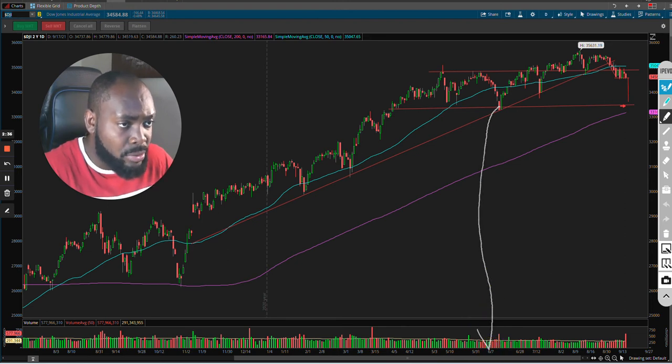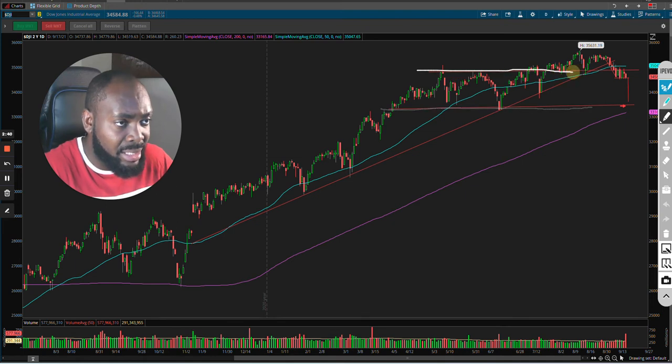So right before the market broke out of this horizontal channel right here, boom boom, break out, pull back, and then we break out, made a new high. Right before it did that, we had a short-term horizontal support level right inside this level right here.